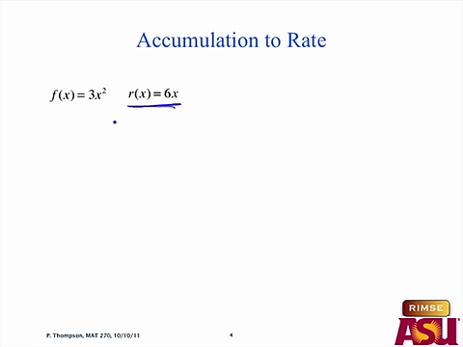So f is accumulating at a rate, what rate? What can you say about the rate that f is accumulating at? Yes, the rate is always going to be 6 times whatever x value you're at, right?